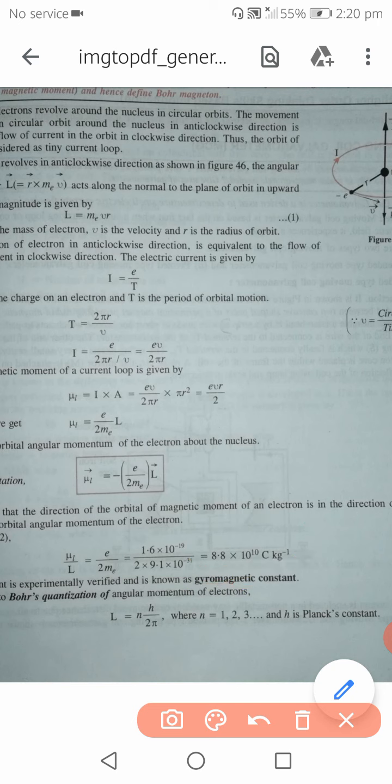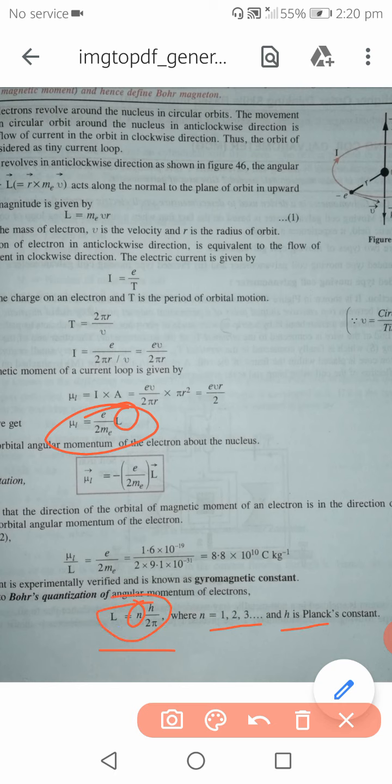Now from this formula, in place of L we substitute its value. L is angular momentum, and from Bohr's postulate L is an integral multiple, n into h by 2 pi, where n is the number of the shell or orbit, 1, 2, 3 and so on, and h is Planck's constant.